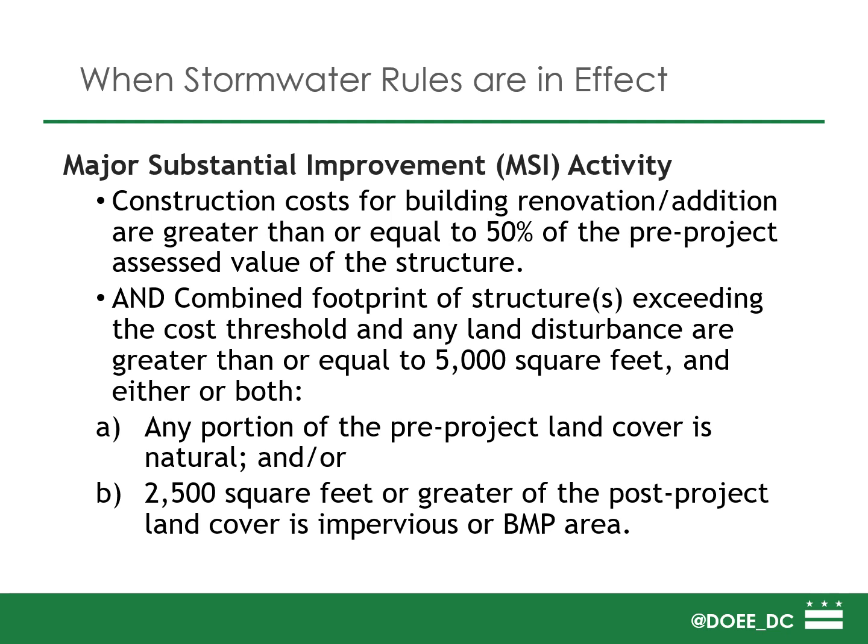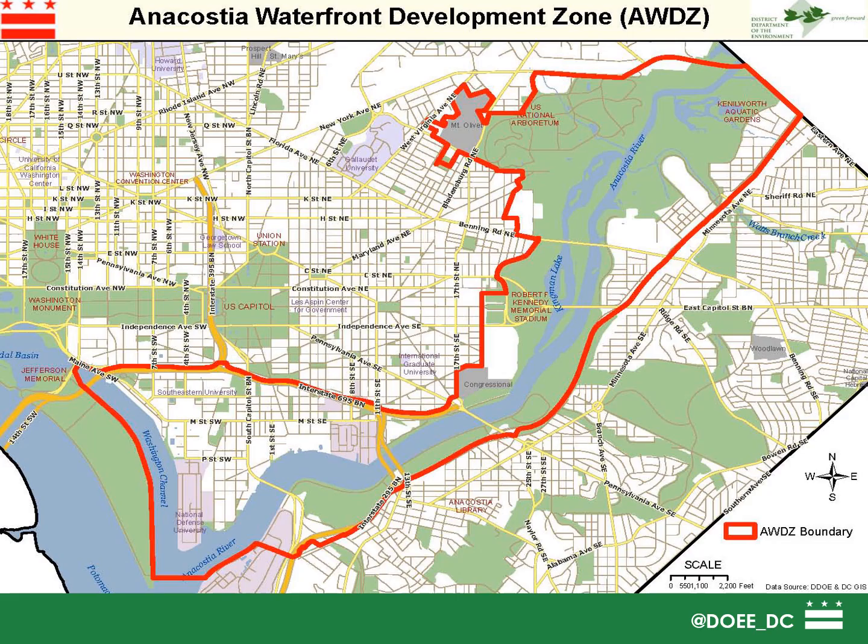And again, those two conditions, one of them being the pre-project land cover is in any way natural, or the 2,500 square feet or greater of post-project land cover is impervious or BMP area. So if it meets these conditions, then the site activity is considered major substantial improvement, or MSI, and it's regulated to the 0.8 inch precipitation depth.